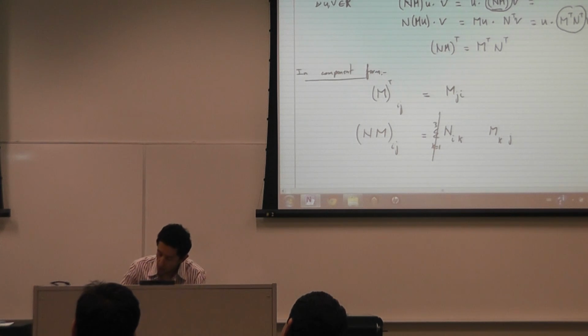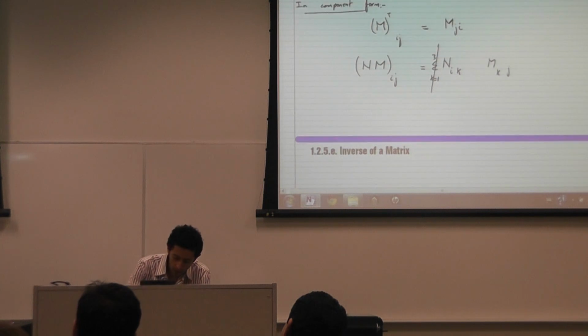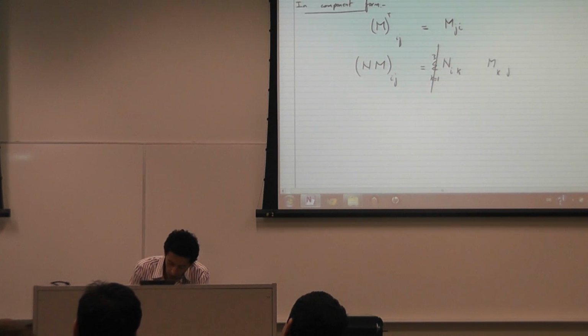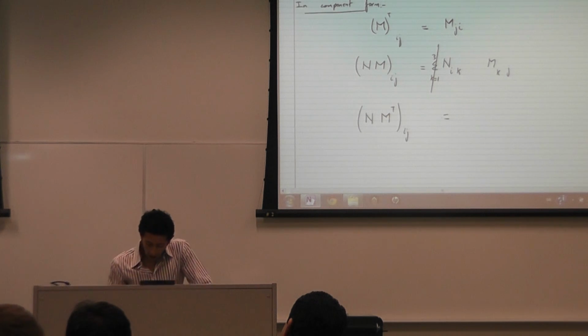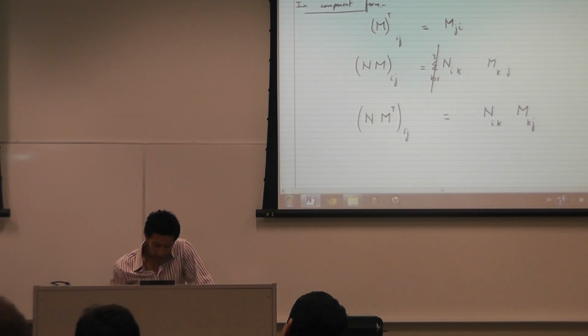Now what happens if I use the transpose of one of them? If I say N M transpose, this is a matrix, this is ij. I write both matrices: i appears first, then I should be summing over k, but this is the transpose, so this will be j, k, and the summation is over k, which is implied.